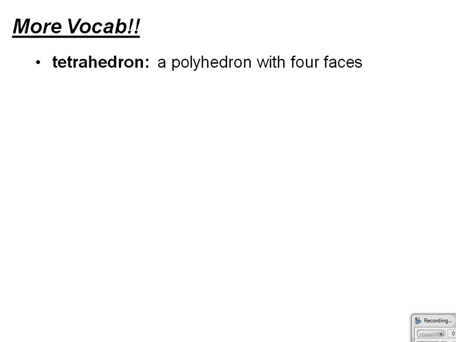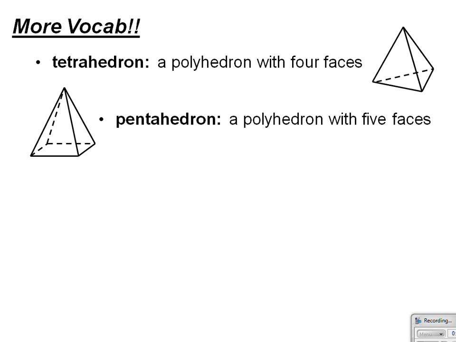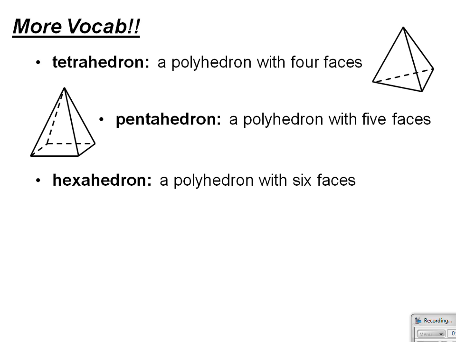Vocabulary continues. Tetrahedrons. Now, a tetrahedron is a polyhedron with four faces. In fact, the only possible polyhedron that has four faces is one where every face is a triangle. Pentahedrons. A pentahedron has five faces. Hexahedron. A polyhedron with six faces.